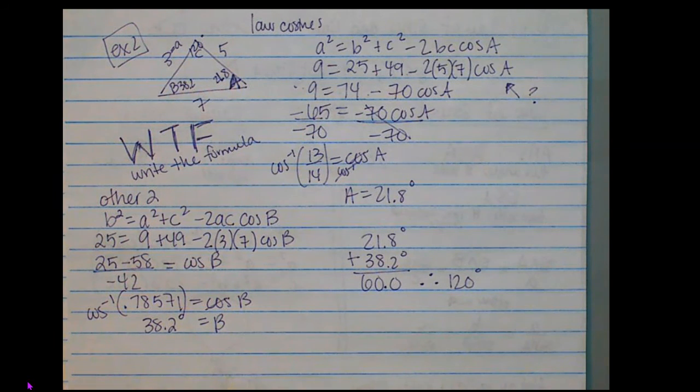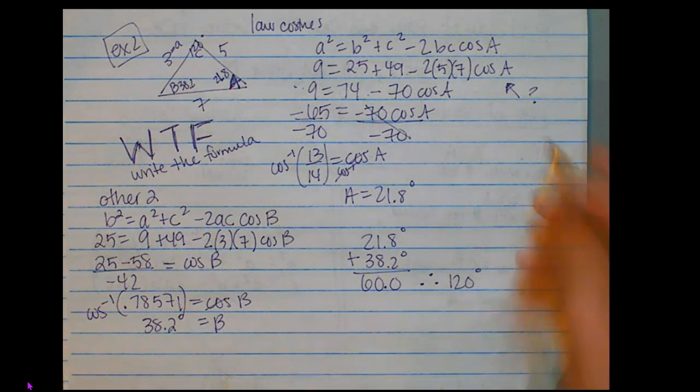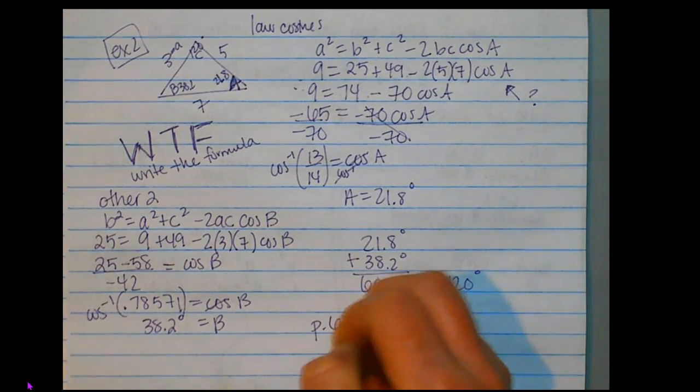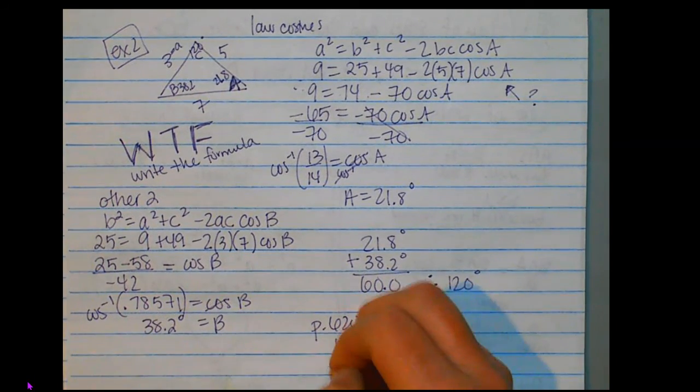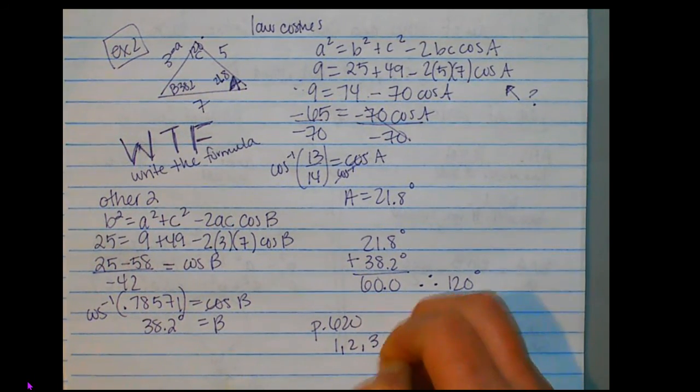So you've got problems like this. I have already worked through these. So if you're having trouble drawing a picture, send me what you've drawn and I'll edit it and send it back to you, okay? So the problems that you have are on page 620. And the problems are number 1, 2, 3, 6, and 7.